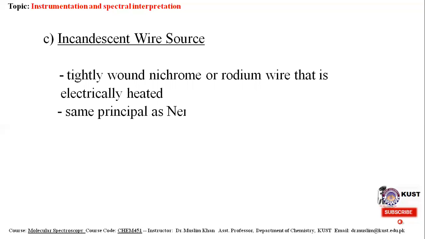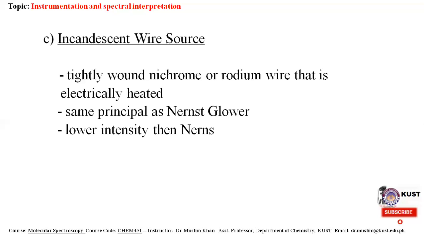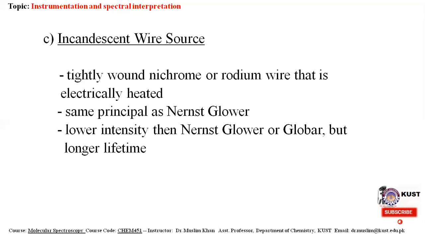The same principle as the Nernst glower is used, but the difference is that here a tightly wound nichrome or rhodium wire is used. It has lower intensity than the Nernst glower or Globar, but a longer lifetime in comparison to the first two light sources used in IR spectrophotometers.